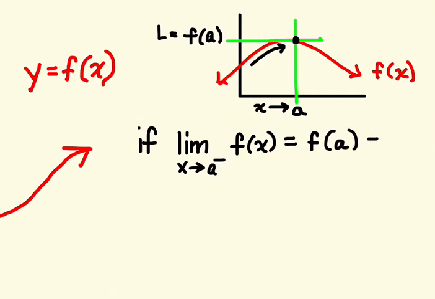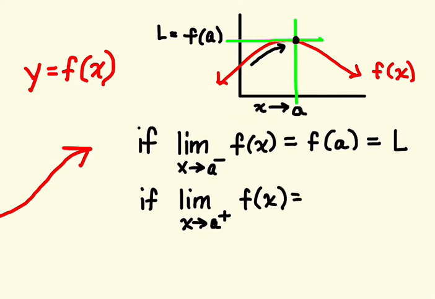And in fact, f of a is the limit. It is the limit, okay? Second, if the limit as x approaches a from the right exists, okay, so now x is on the right-hand side of a, and it's approaching a from the right, which means I'm coming in from the right-hand side, and x is approaching a, which means the height is approaching f of a, right?